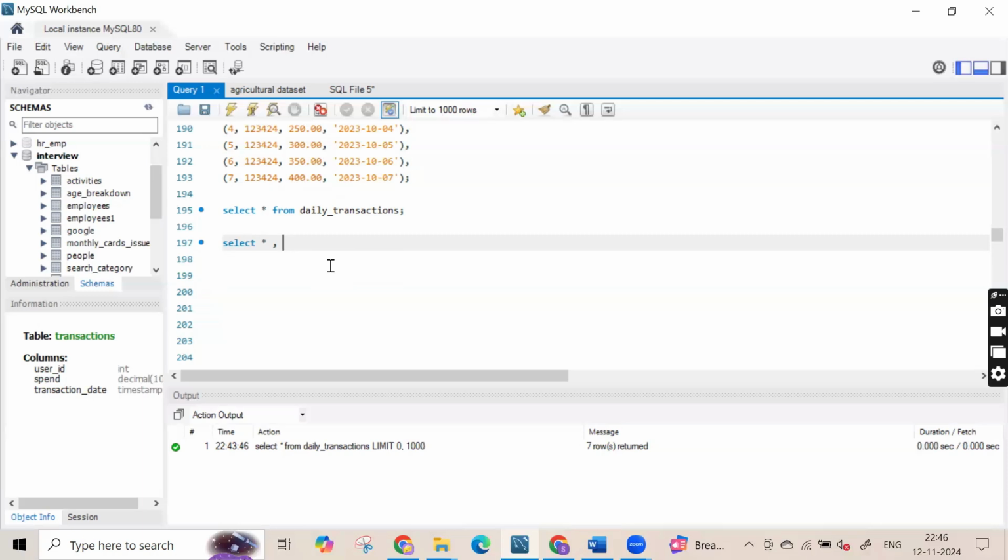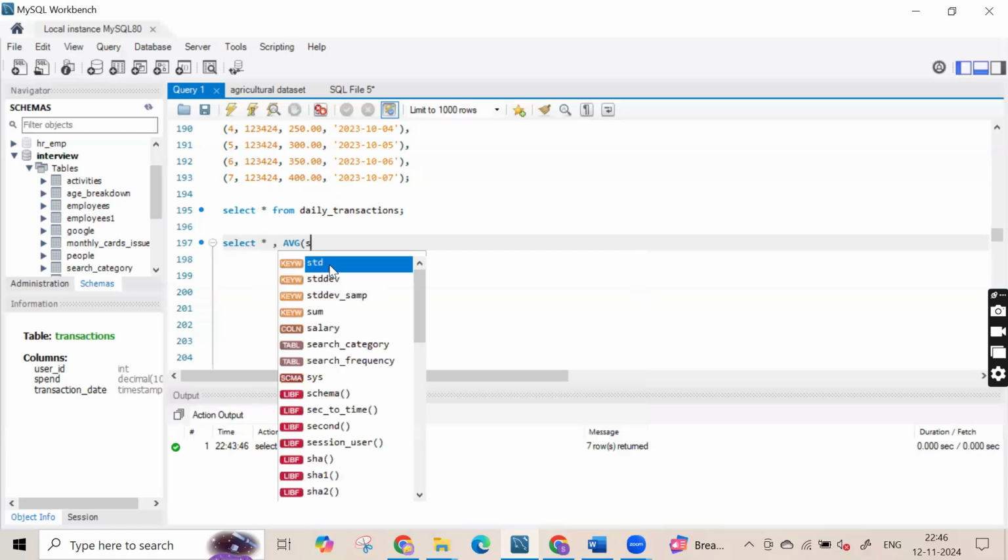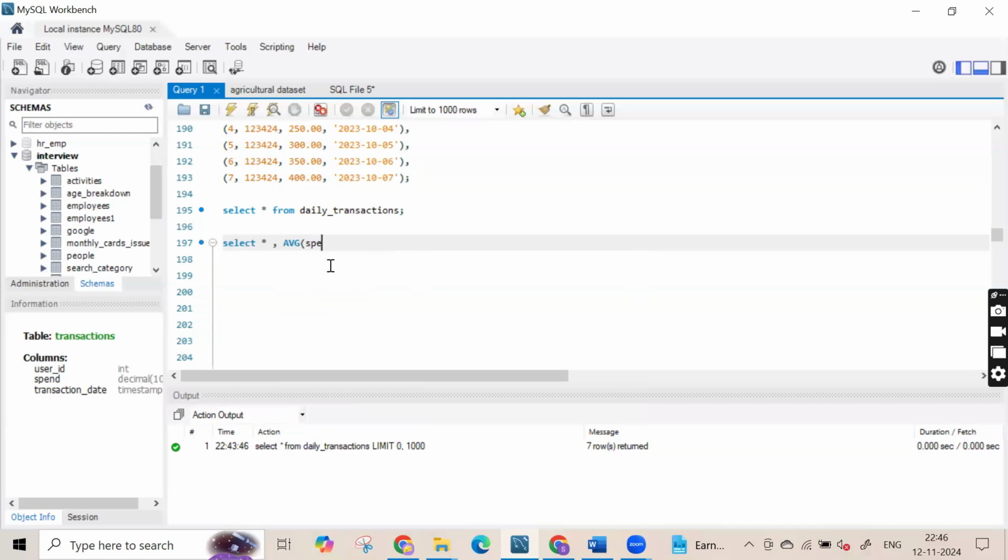But before rounding, I can simply use an average. This is the average function, AVG. And what I want to get is the average spend, because spend is my column. And then the window function will require an OVER clause.